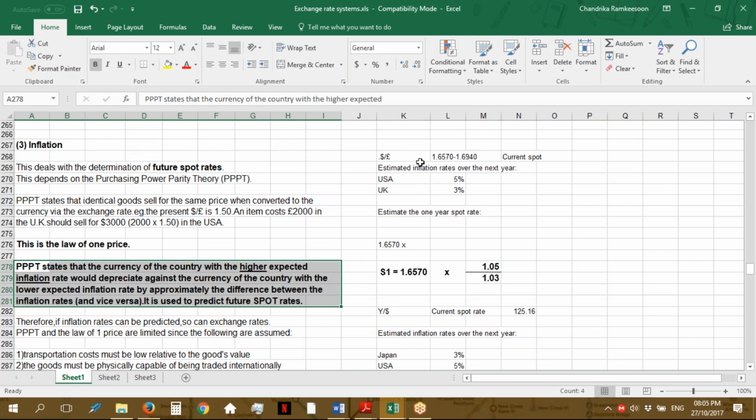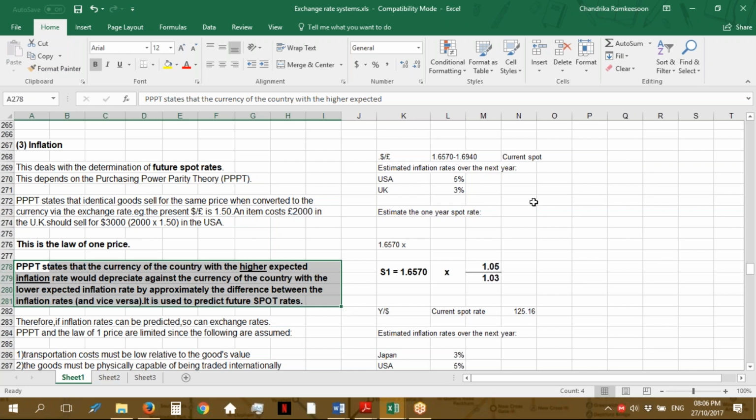The current spot rate shows exchange rate at 165.70 to 169.40. That's dollar for a pound. Of course, this is sell, this is buy. Remember, indirect system and all that, right? Estimated inflation rates over the next year: USA 5, UK 3. Now, the question wants you to estimate the 1 year spot.